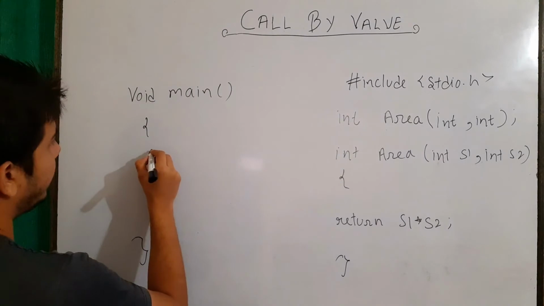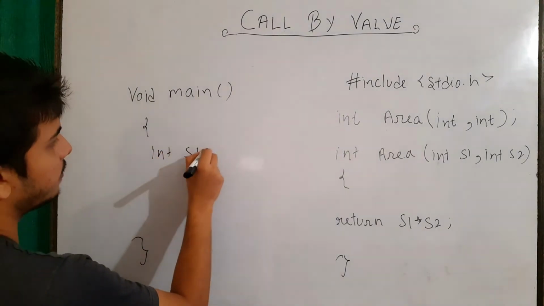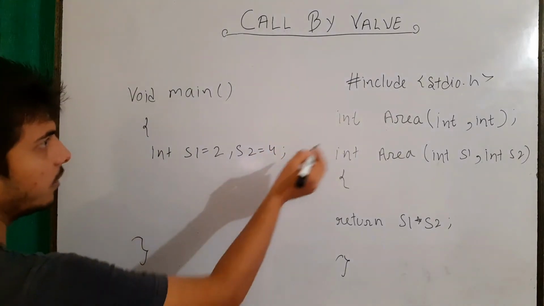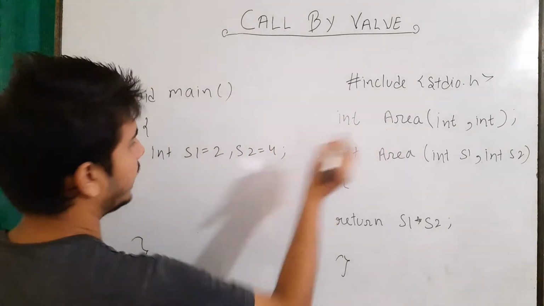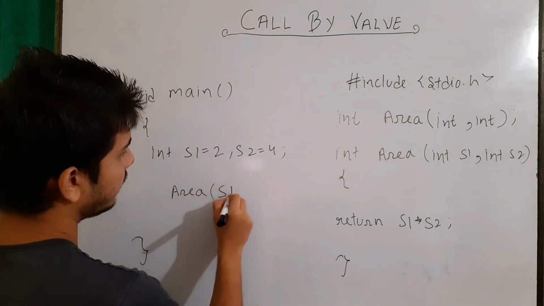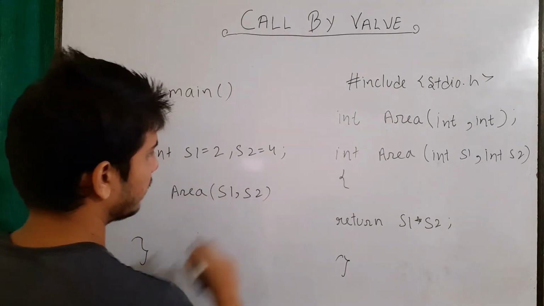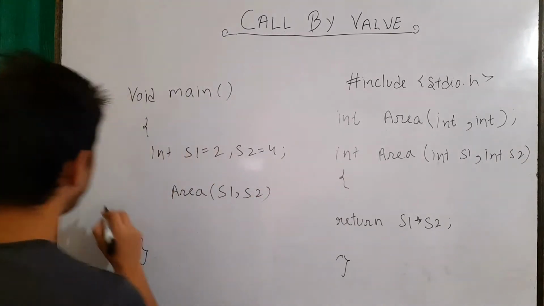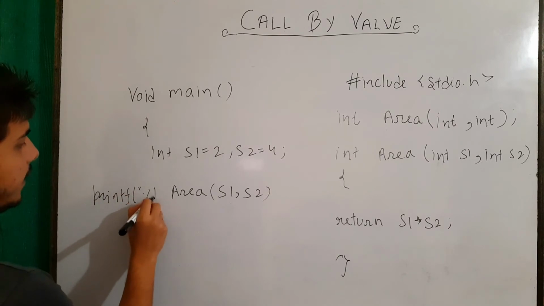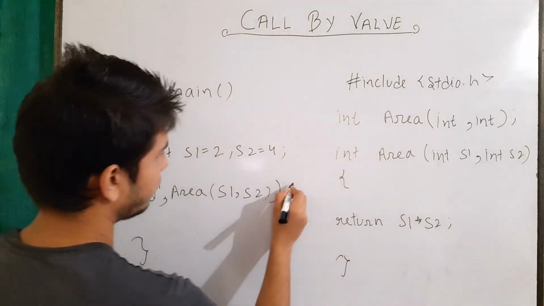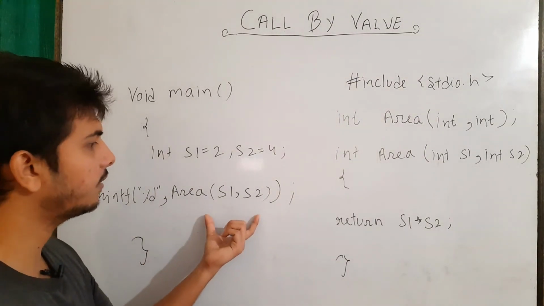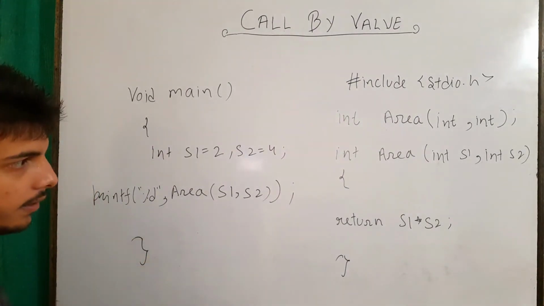Now here let's say s1 is 2 and s2 is 4. Then I will call this function area with the values s1 and s2. I can also write it inside the printf statement, printf %d area s1 and s2. Whatever this function returns will be printed back here.